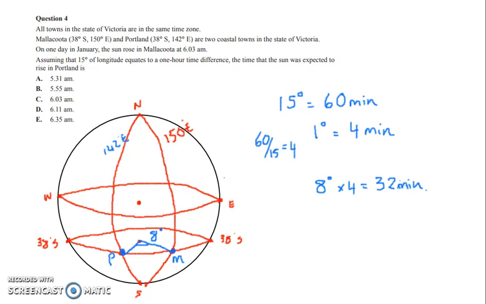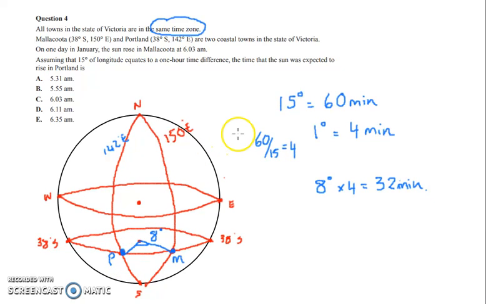Looking back, all towns across Victoria are on the same time zone. So we are currently working in terms of time using longitude, but we're not so much working in time difference. Portland and Mallacoota are on the same time zone. So if it's 6:03 in Mallacoota, it's 6:03 in Portland.